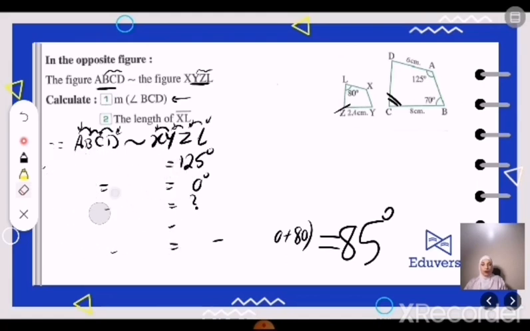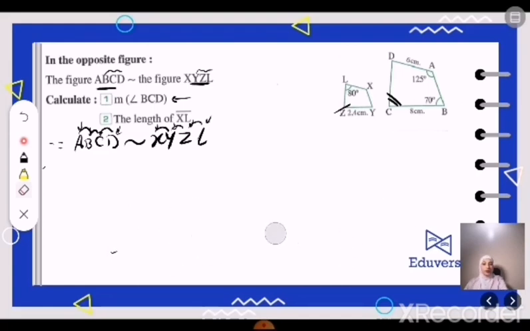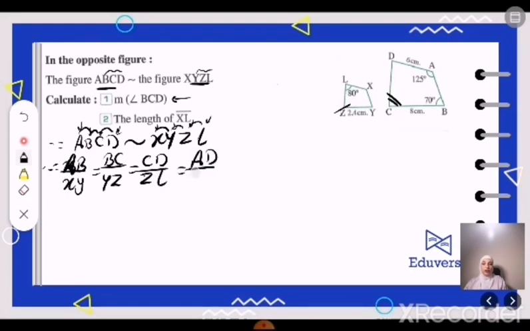Since we said the two polygons here are similar, of course we are going to say that AB over XY equals BC over YZ, which equals CD over ZL, and finally AD over XL.